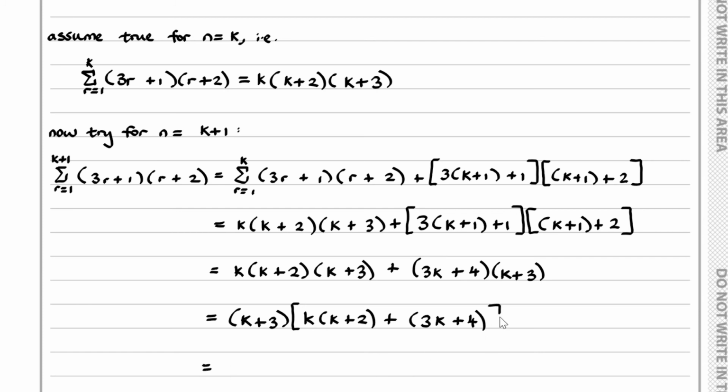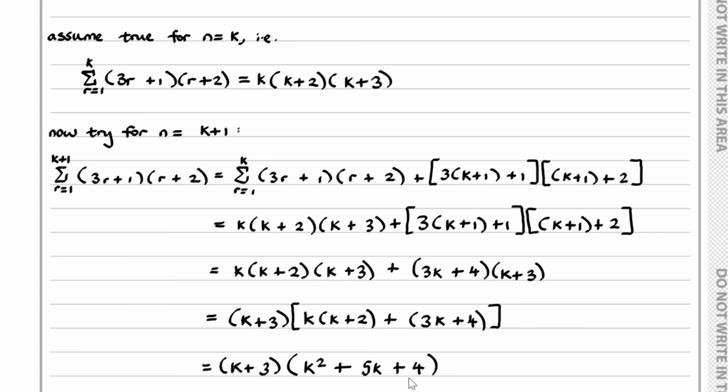So if we tidy all of this up, we have k plus 3, and inside this bracket over here we've got k times k, that's k squared, k times 2 plus 3k, that will be 5k, and then we've got over here this extra 4.